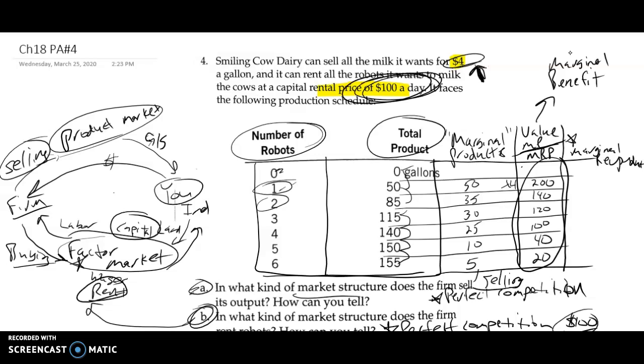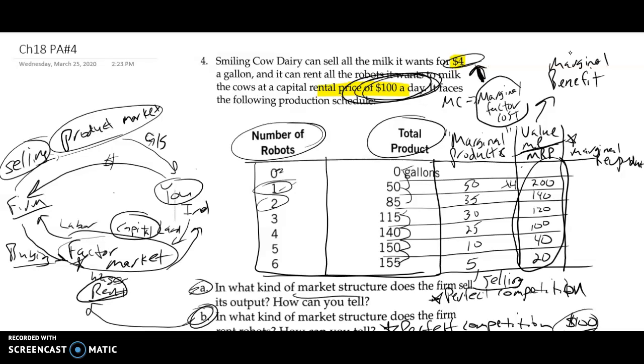What this tells me, the $100 tells me, is the additional cost, or we'll call it marginal cost. In our terms, since we're talking about a factor of production, we call it the marginal factor cost.